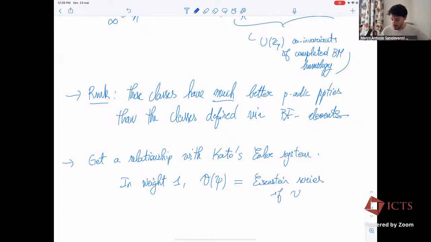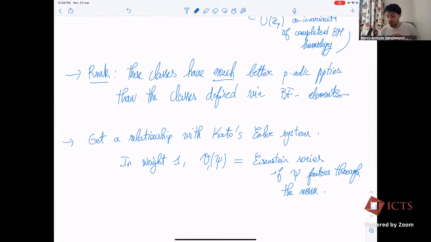So this is the key relation that allows us to relate the Euler system to Kato's Euler system. This is some sort of Ziegler-Weyl formula, but in the p-adic sense, it's an obvious formula.